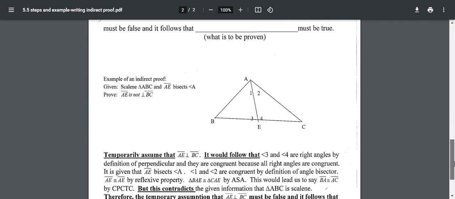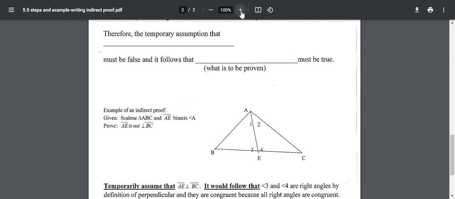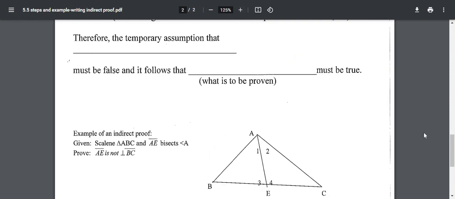So here's an example of an indirect proof, and I'm just going to zoom in a little bit so it's easier to see. So we have scalene triangle ABC with segment AE bisecting angle A, and we're going to prove that AE is not perpendicular to BC.